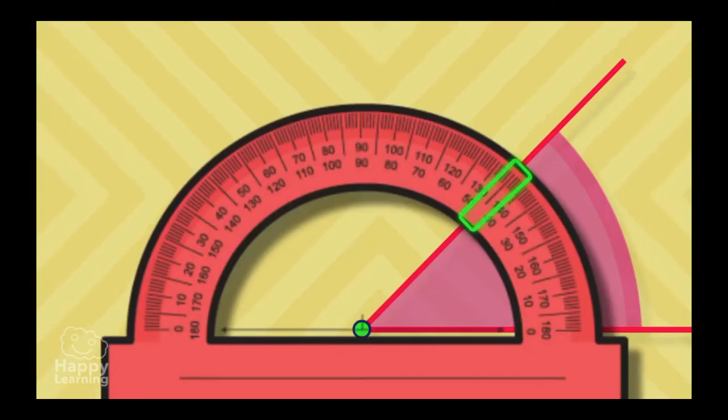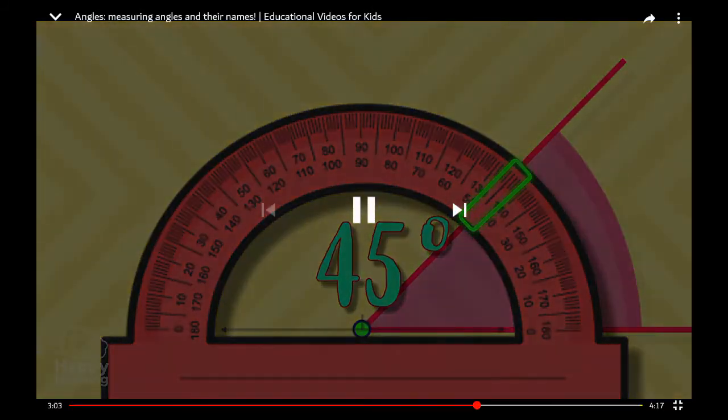Let's see how much it measures. 45 degrees. It's an acute angle. Since it is less than 90, or less than the right angle, we call it an acute angle. It is smaller than the right angle.